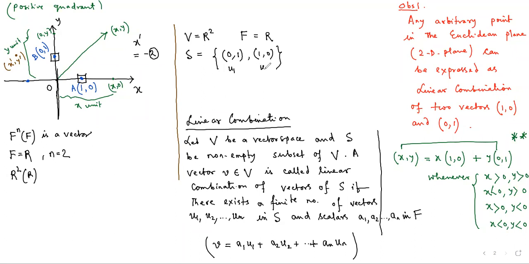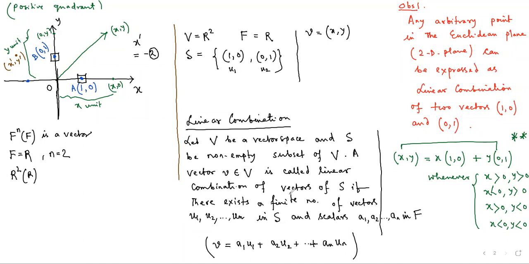First of all, let me talk about the x coordinate. So 1, 0, I'm considering as u1, and 0, 1, I'm considering to be u2. So this is my set, capital S. Now I am choosing a vector v, which looks like the coordinate (x, y).